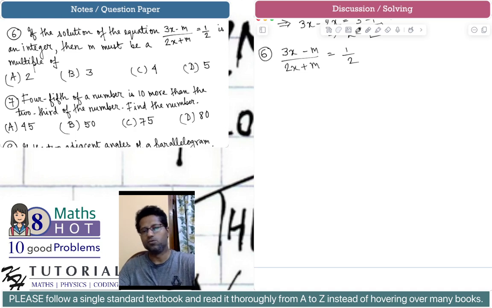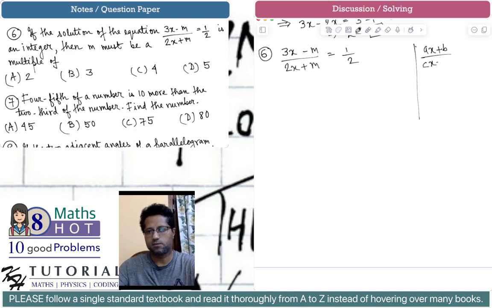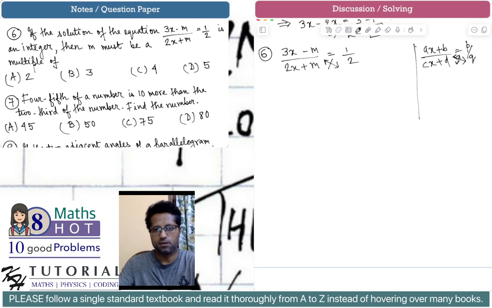Now for this kind of equation, that is, if you have an equation of the form ax plus b divided by cx plus d is equal to p by q, where a, b, c, d and p and q are all integers, definitely q is not equal to 0, then you do cross multiplication. You apply cross multiplication to solve the equation. So the given equation is also of the same form.